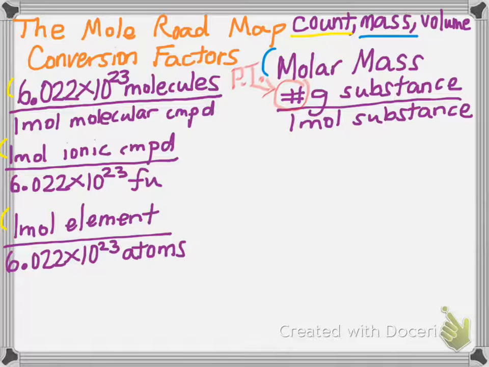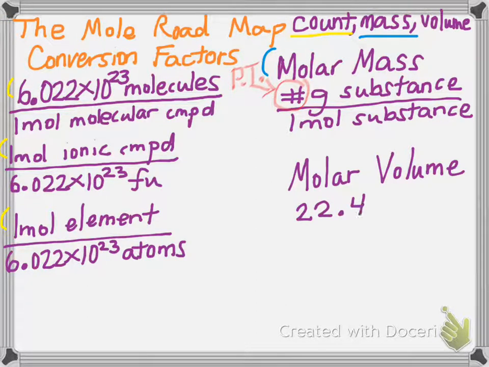So our last way to measure matter is to talk about volume. And again, that conversion factor has a special name. It's molar volume. And the conversion factor for molar volume is 22.4 liters of gas over 1 mole of that same gas.